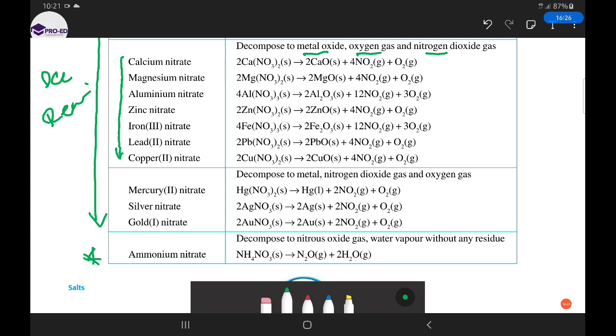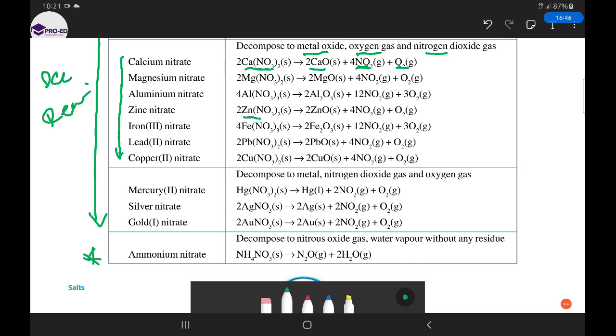Take calcium nitrate, the first one. We heat it up, it breaks down to a metal oxide, in this case calcium oxide. It's also going to produce oxygen gas and nitrogen dioxide gas. Let's do another one, zinc nitrate, in the middle.